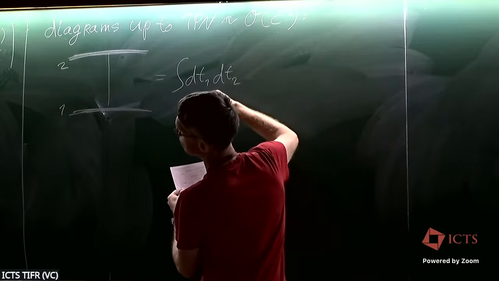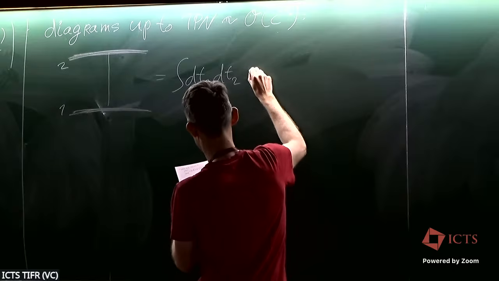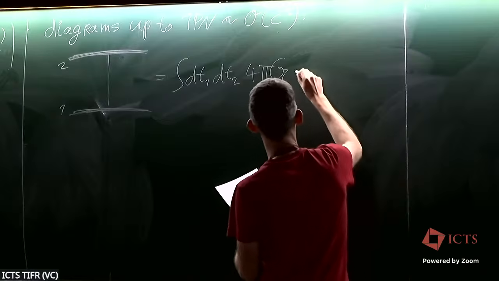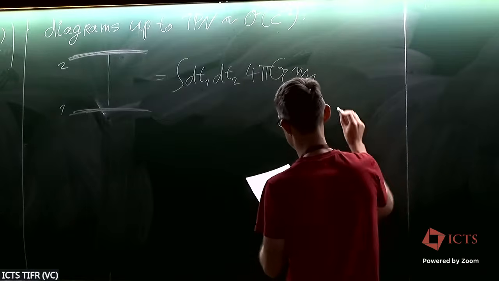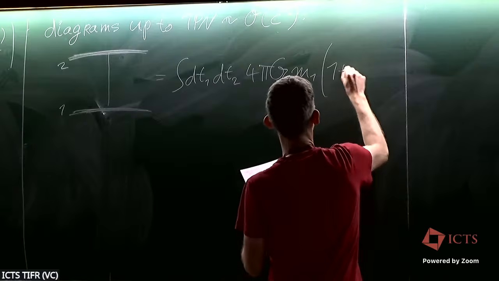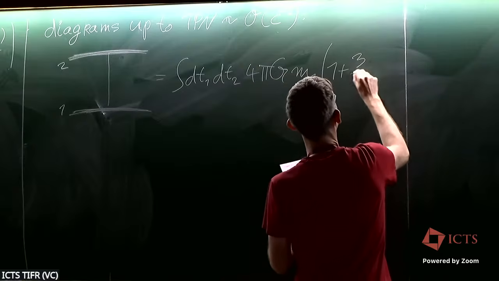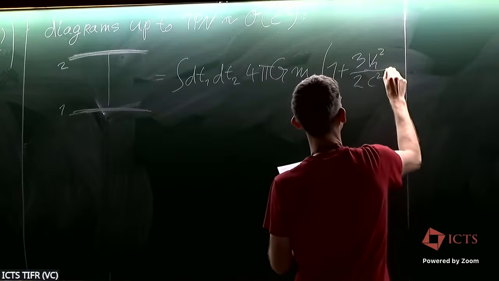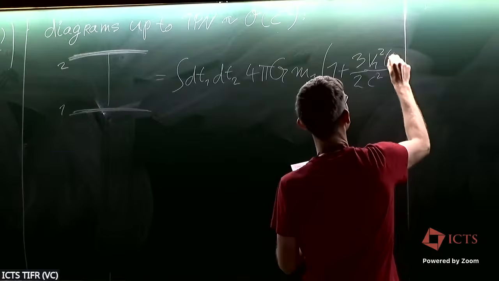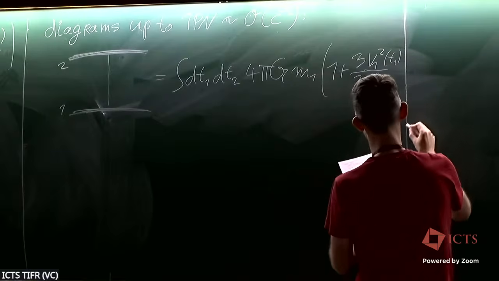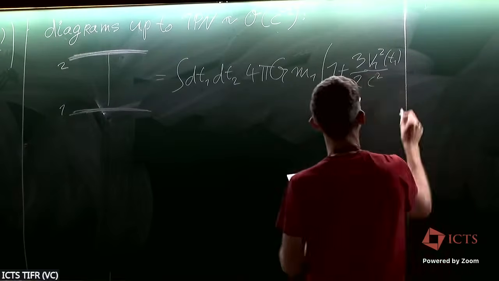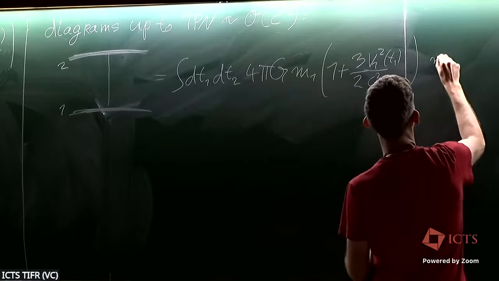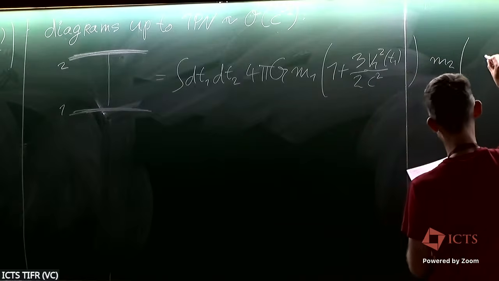Now, the prefactor squared would be 4 pi G. So that takes care of the prefactor. Then we have an m1. We have this factor of 1 plus 3/2 v1 squared divided by c squared, evaluated at t1. And we have another of this factor like this.